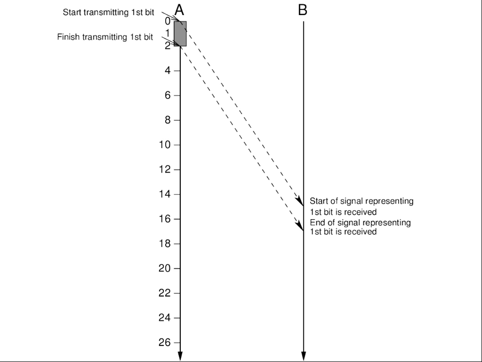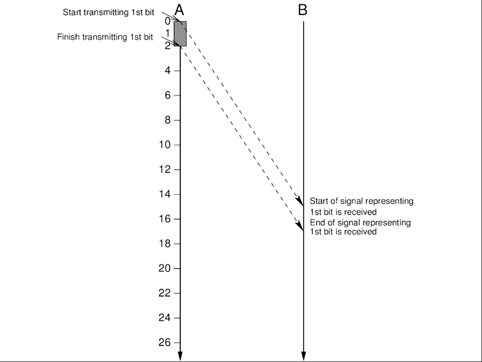Start transmitting at 0, finish at 2, 15 microsecond delay to get there. Start receiving at time 15, stop receiving that first bit at time 17. i.e. B is receiving the first bit during this period. It's receiving some signal representing the first bit. So the end of the signal representing the first bit is received at time 17, which is here.